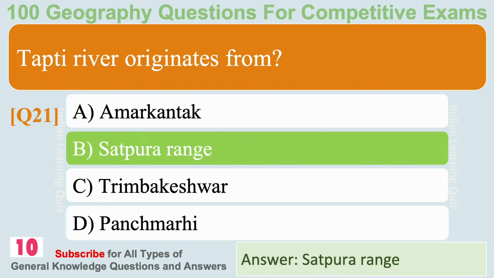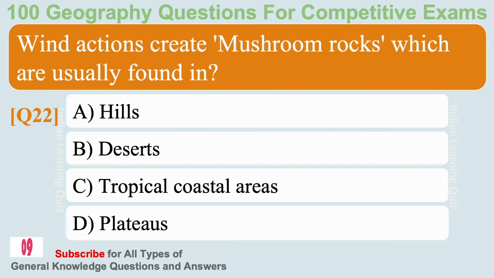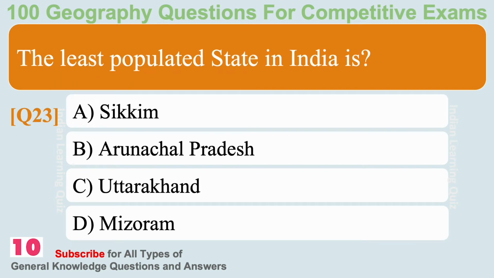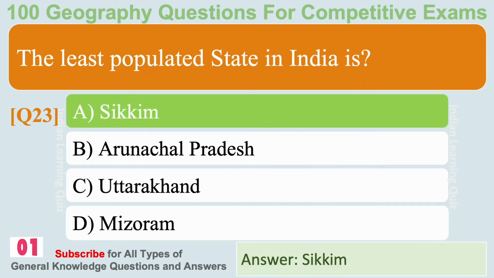Satpura Range. Wind actions create mushroom rocks which are usually found in... Answer. Hills. The least populated state in India is... Answer. Sikkim.